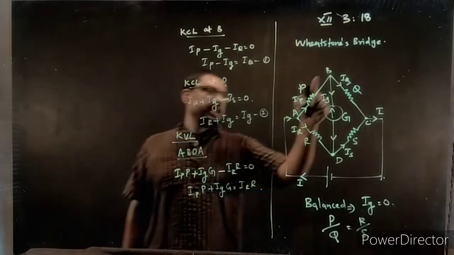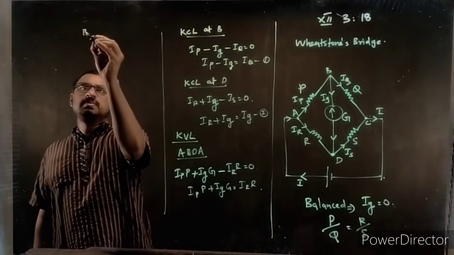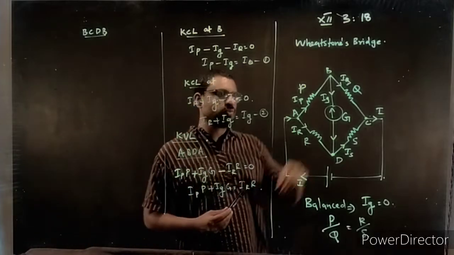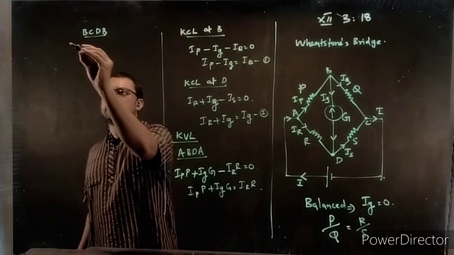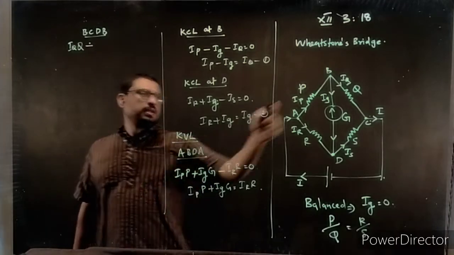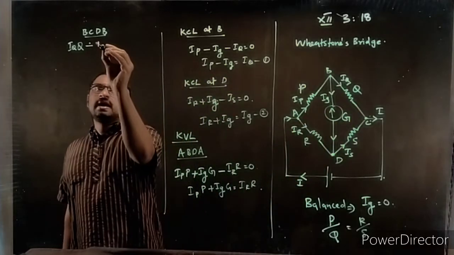Next, let's apply for the next loop, which is BCDB. Just imagine to traverse like that. IQQ is positive because you are moving along the direction of current. Here it is minus, like you are moving like this, current is moving the other way.